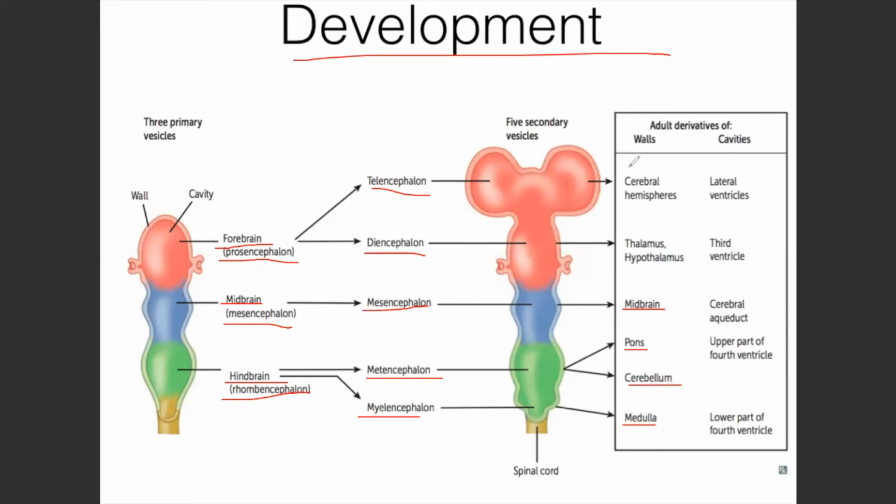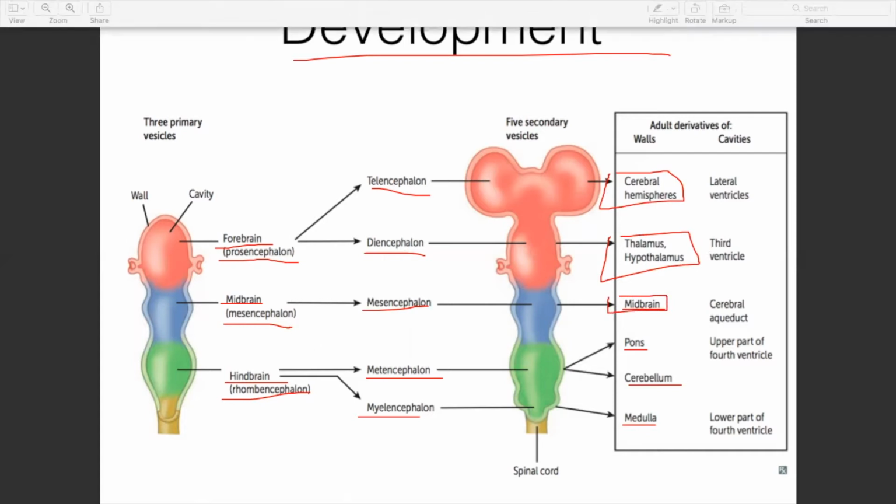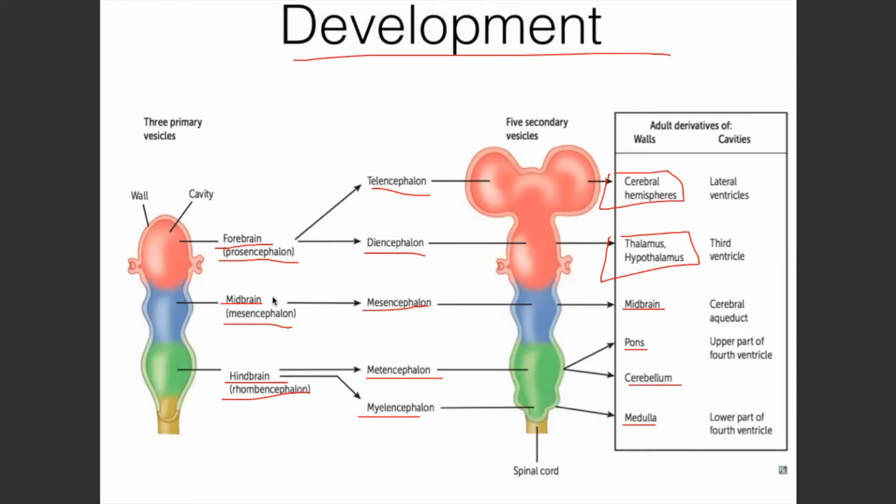The telencephalon becomes the cerebral hemispheres, while the diencephalon becomes the thalamus and the hypothalamus, and the mesencephalon becomes the midbrain. And the hindbrain, which is the rhombencephalon, will become the metencephalon, which is the pons and cerebellum, and the myelencephalon, which will become the medulla.